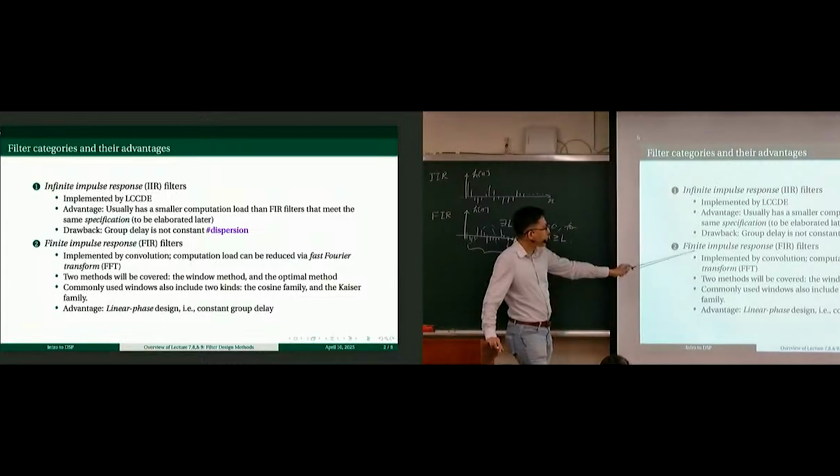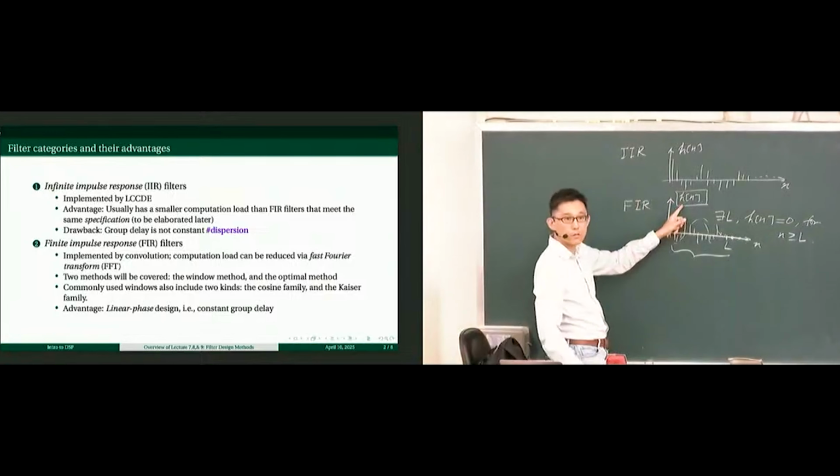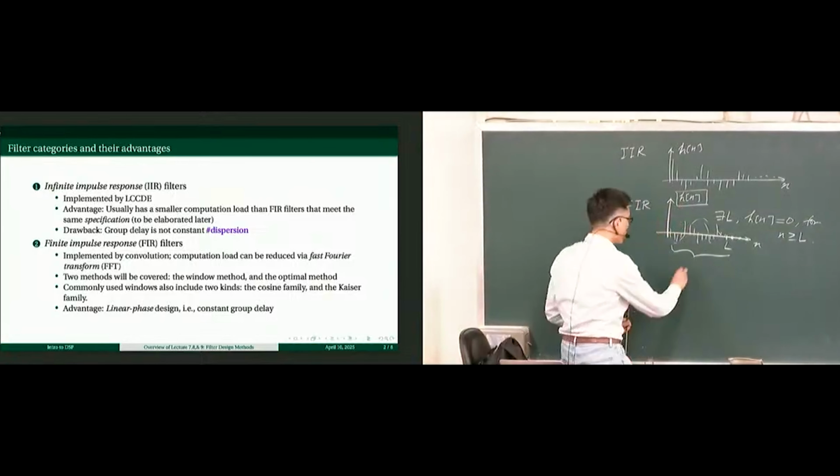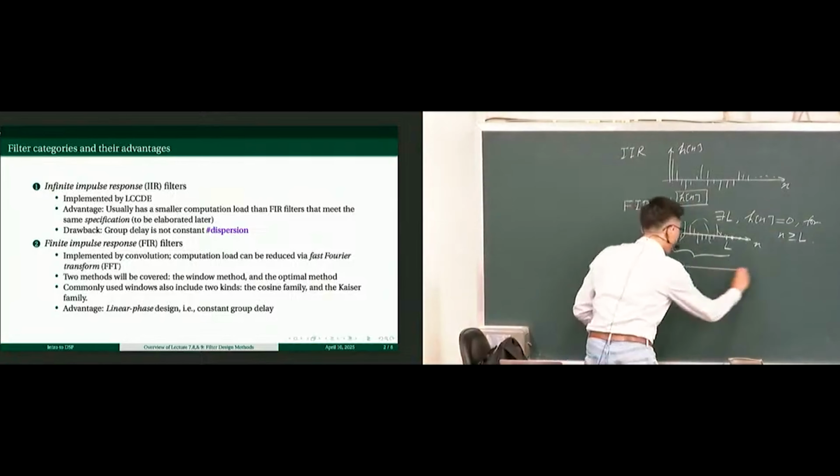Whereas for an FIR filter, we have a filter which has a finite impulse response. So practically, you would store all the sample values, h of 0 all the way to h of L minus 1 in MATLAB syntax.